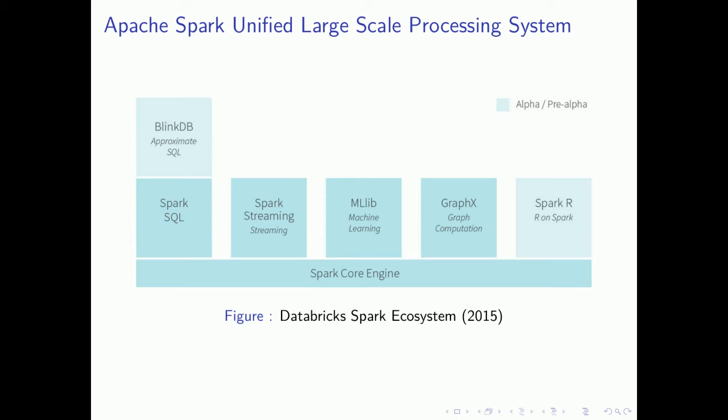If you want to do machine learning at scale, it has its own machine learning library, MLlib. If you want to do graph computations like PageRank, it's GraphX. And apparently the latest thing, which I hadn't seen until I went to their website, is SparkR. So they're going to have R running on top of Spark, which is still in the alpha stage, so I have not played around with that.